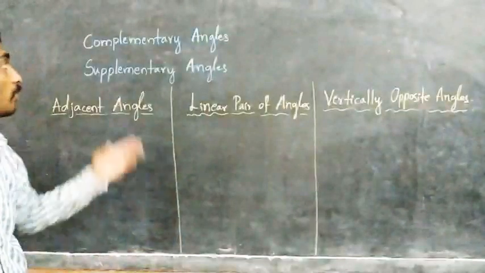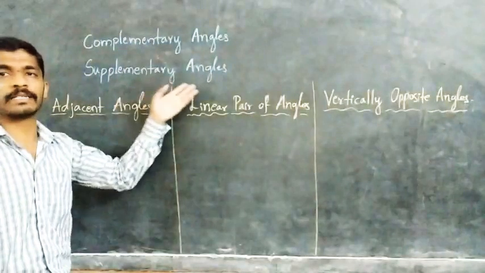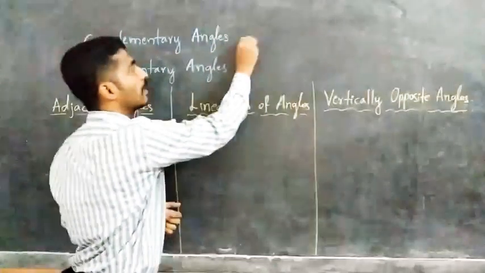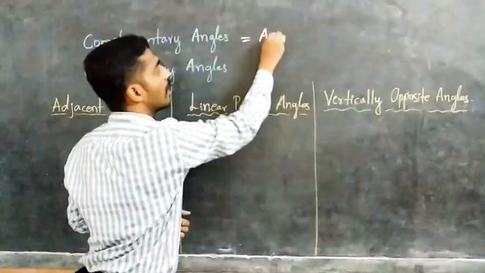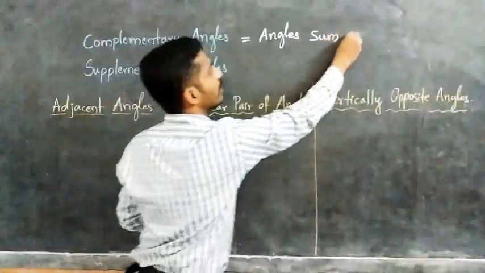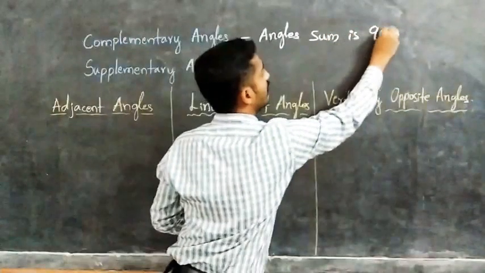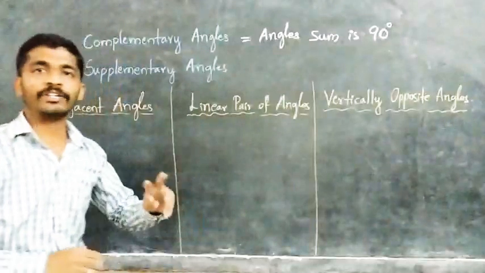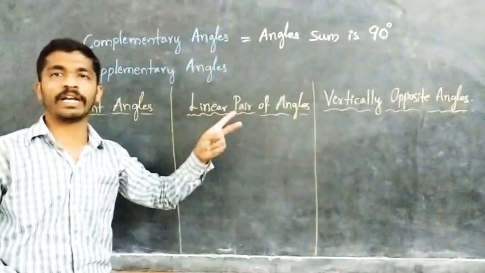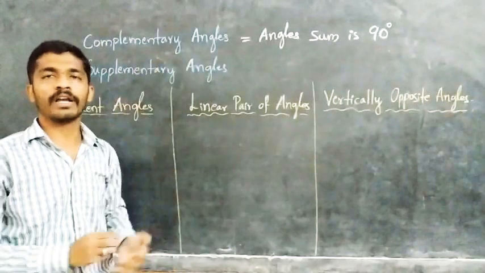The next concept is complementary angles and supplementary angles. We get complementary angles when the angle sum is 90 degrees. If you take any two angles and add them, and you get 90 degrees, then those two angles are complementary angles.